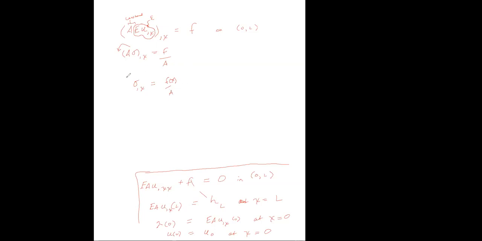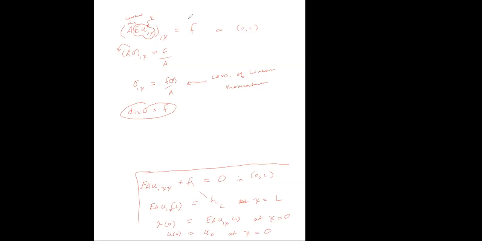So in 1D, this is a one-dimensional statement of conservation of linear momentum. Another way to think about this, if you've seen it before, is that the divergence of the stress is equal to F. If you were in multi-D, this is what this equation would be, and some of you have probably seen this more general equation. That's what this is in 1D.